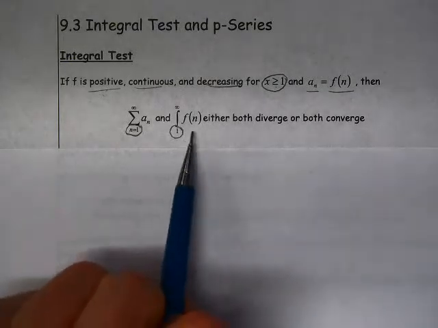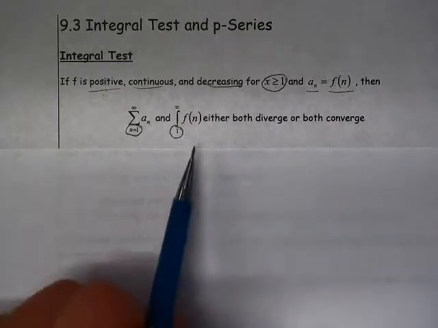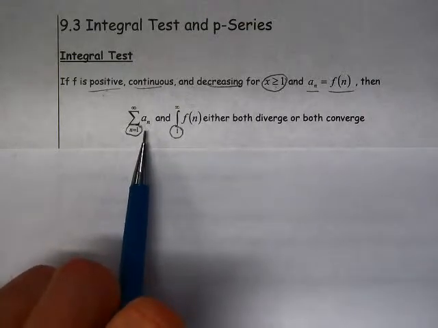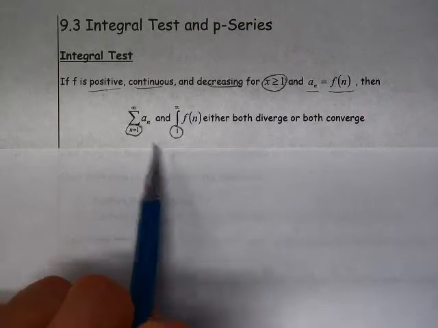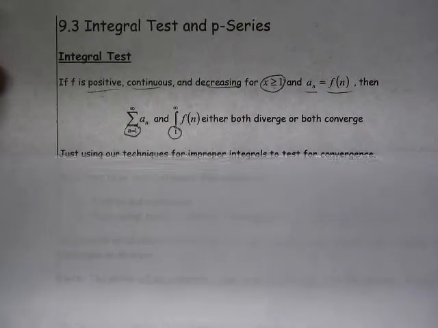Okay, when we find this improper integral, if it converges, then it will converge to a specific value. That does not tell us the value that this series converges to. Right? It just tells us that the series does converge. The values that they converge to will, in general, be different.